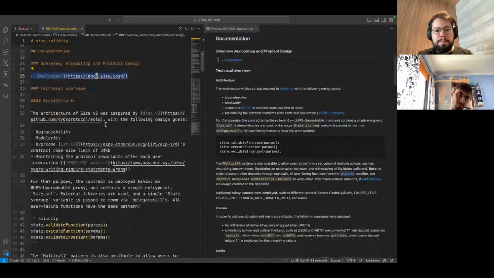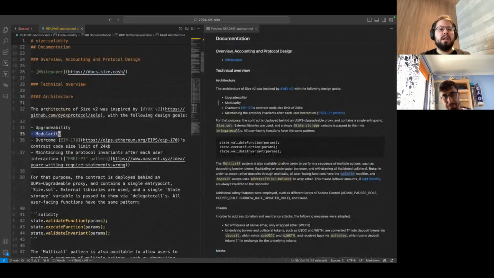Here's the white paper. So these are already some of the decisions about the architecture. We were inspired very heavily by the dYdX protocol.